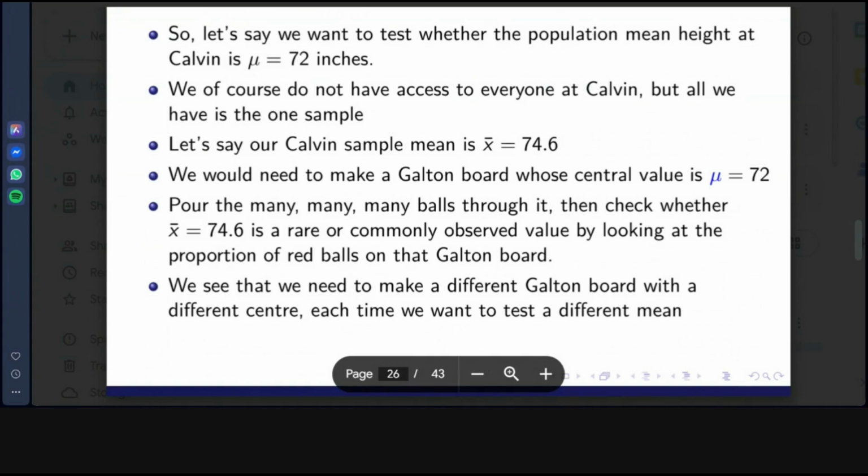But you can see that it's quite limiting to use a Galton board, or it's not the easiest thing, because every time you want to test a different mean, you have to make a new Galton board with a new center. See, this one is a Galton board with a center 72. If I wanted to test something about the population mean height at Hope, for example, and let's say I wanted to test whether mu is 74 or 70 or whatever, I would need to make a new Galton board with a new center.